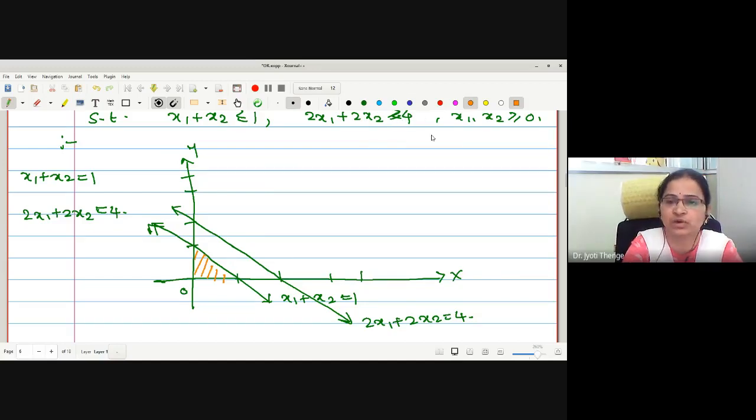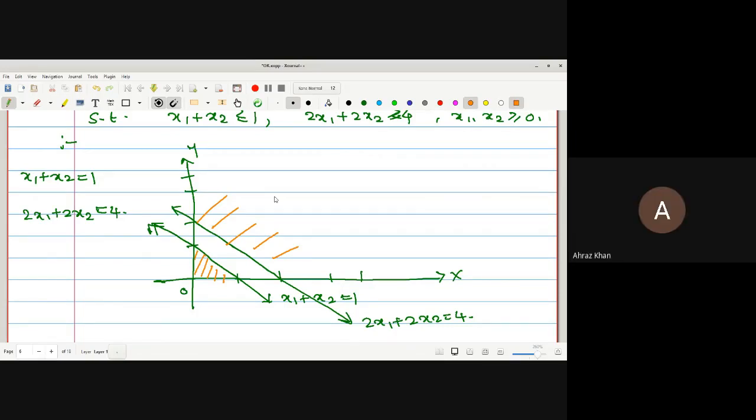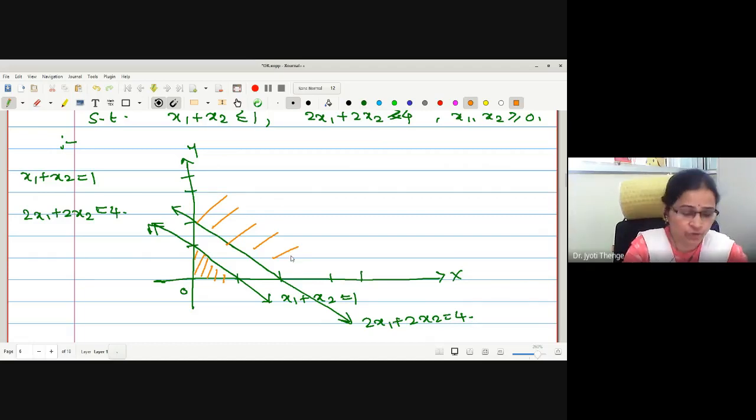Therefore, the region should be above the line. Is there any common region satisfying both inequalities? No, ma'am. Therefore, this problem does not have any feasible region. Therefore, the problem has no solution, or one can say that the constraints are inconsistent.